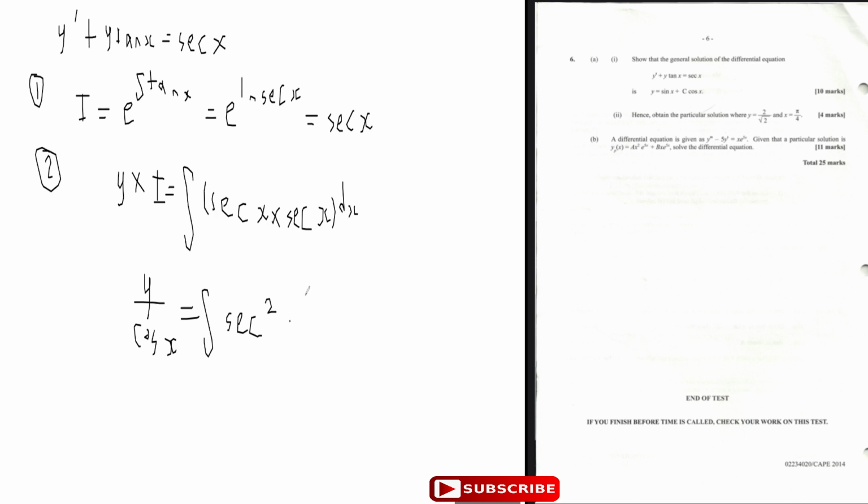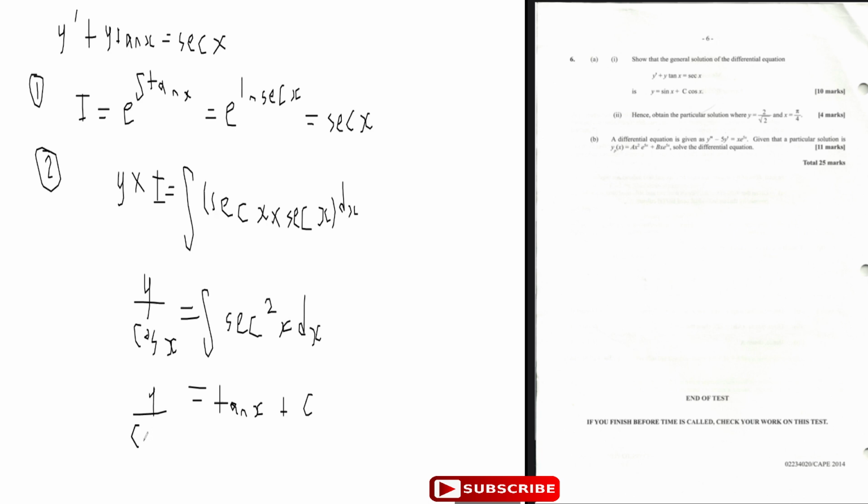Now when you differentiate tan x, you get sec squared. And so when you integrate sec squared x, you get tan x plus some constant c. All right, and so this is y over cos x.